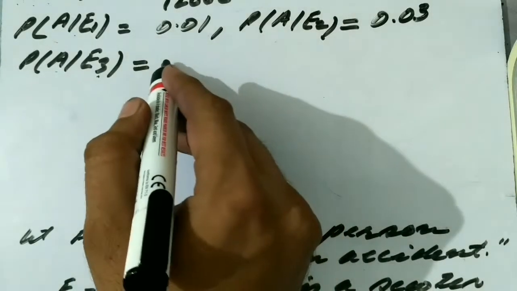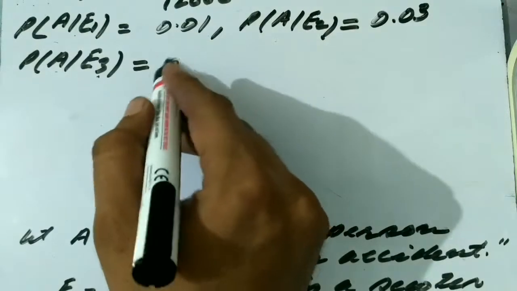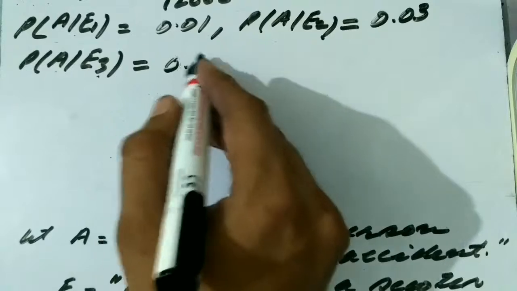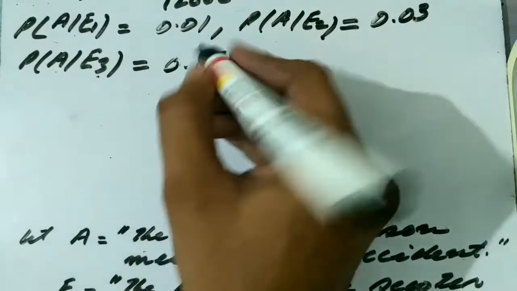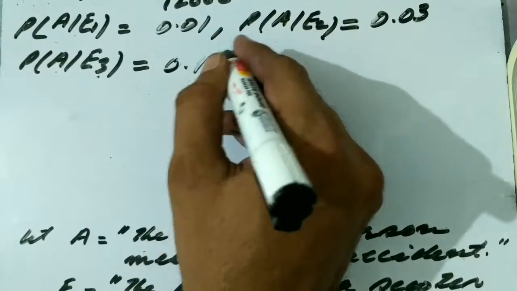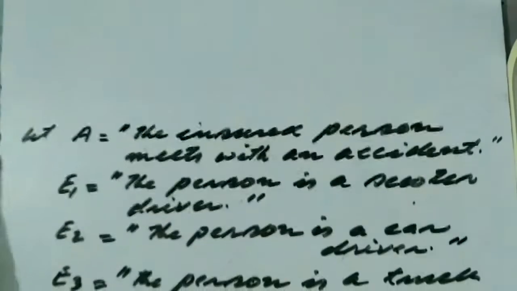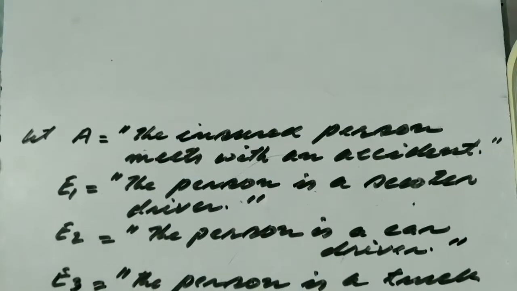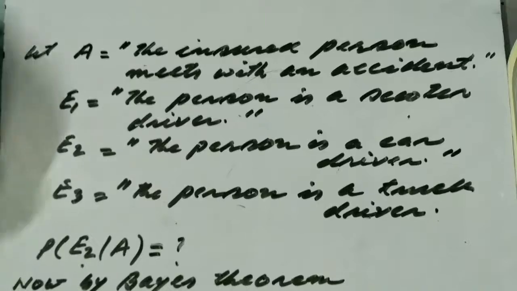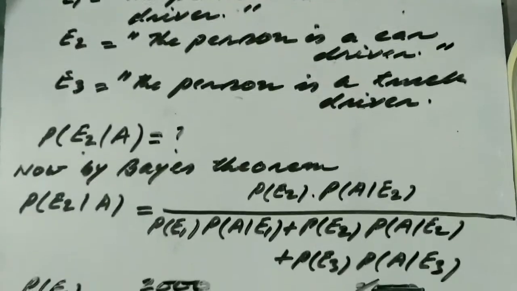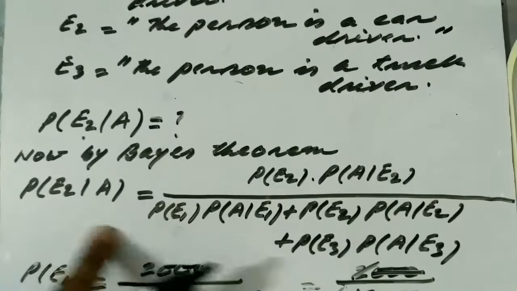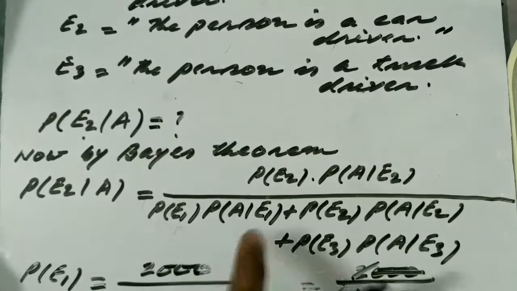That is called P(A | E3), which is given in the problem as 0.15. Now, we have to substitute all these probabilities in this formula.